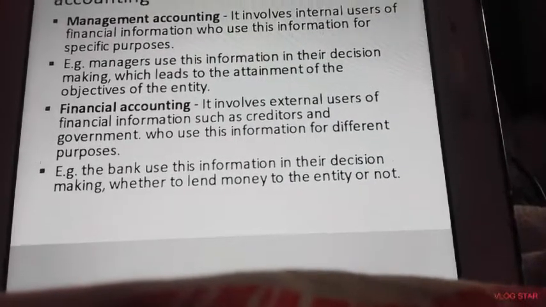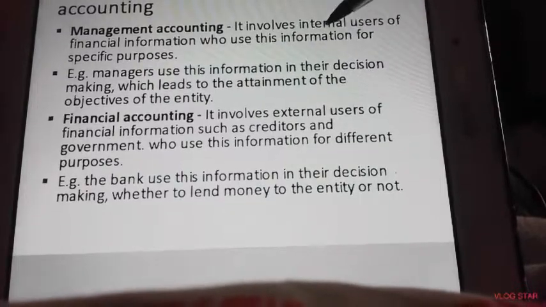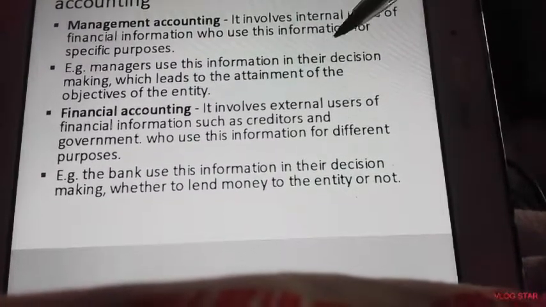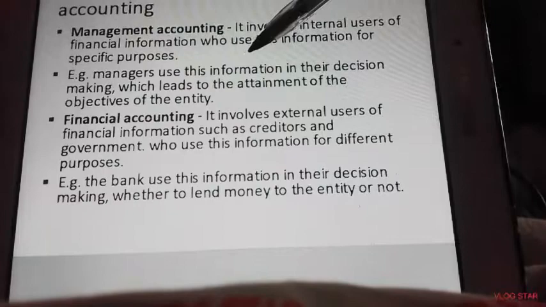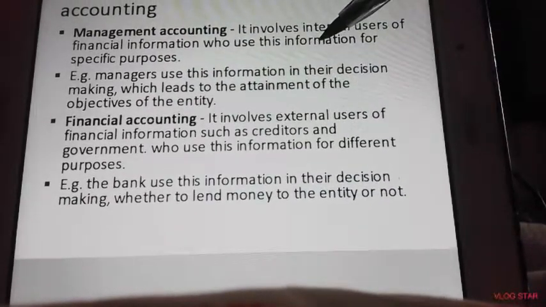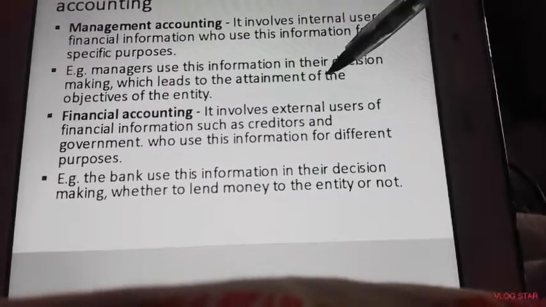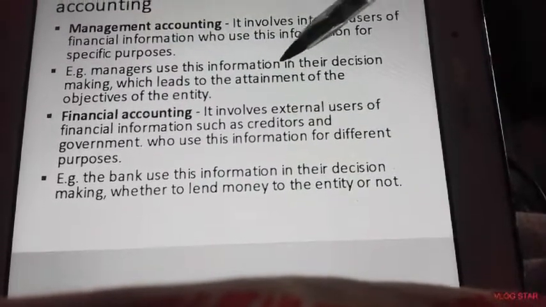Also, we have employees as internal users, the inside users. They will use this financial information to make decisions, for instance, whether to demand an increase in their rewards.